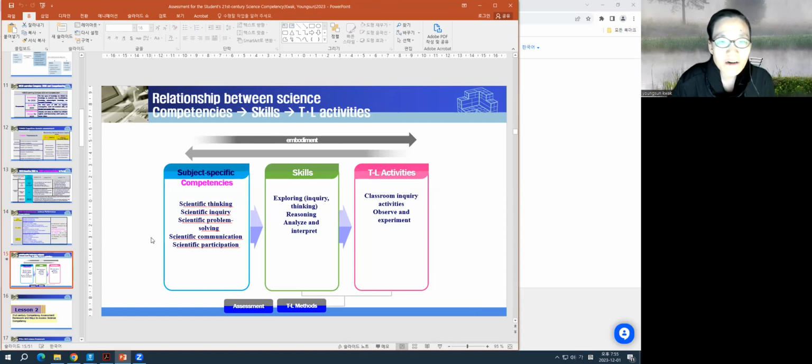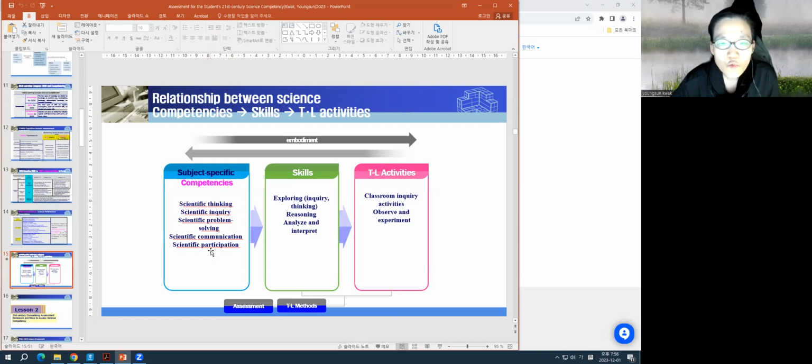This is about curriculum plan. Whenever we talk about curriculum, we are setting up or developing achievement standards, which consist of science content knowledge and science competency. Science competency includes scientific thinking, scientific inquiry, scientific problem solving, scientific communication, and scientific participation.